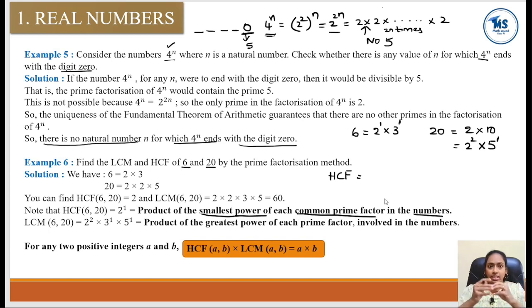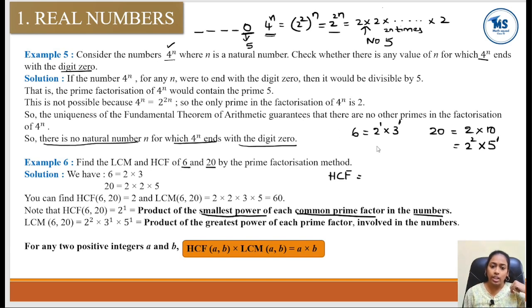Common prime factors means that the prime factor should be present in both the numbers. And we need to consider the least power of the common prime factor, and of course the product of all such common prime factors.